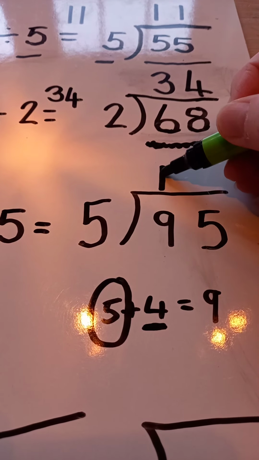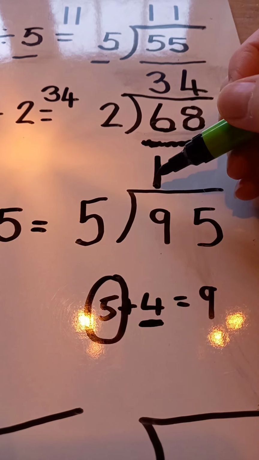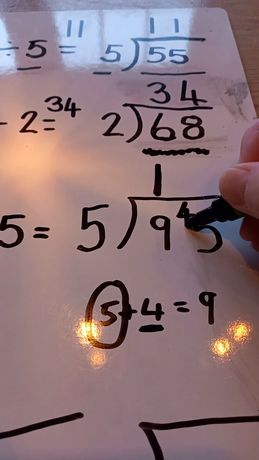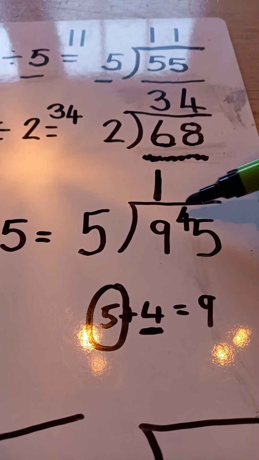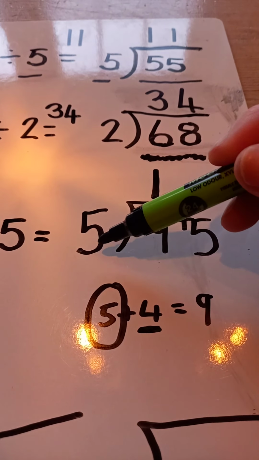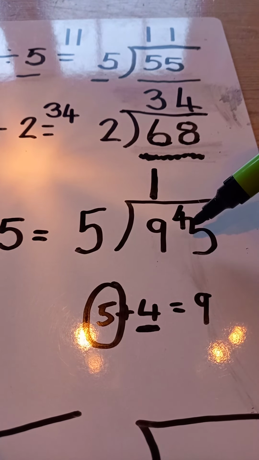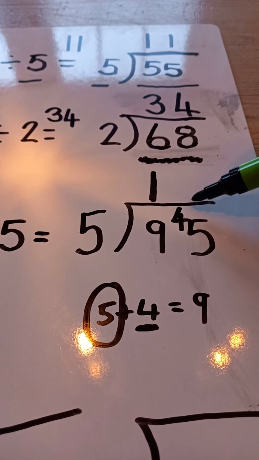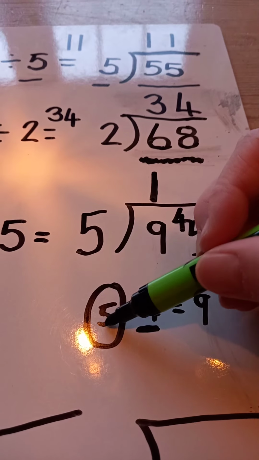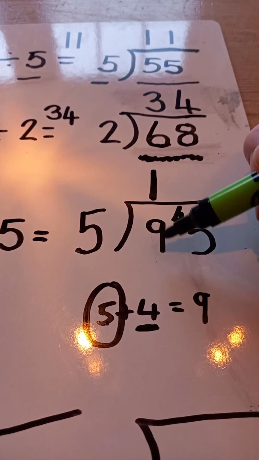So we put our 1 group of 5 there, and we put our 4 over here to make this the number 45. The next thing we want to work out is how many groups of 5 there are in 45. We know this is 45 because we know these were tens. So there's 5 tens and 4 tens in 9.